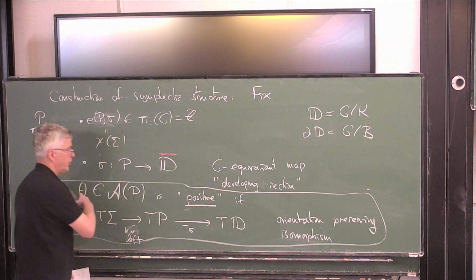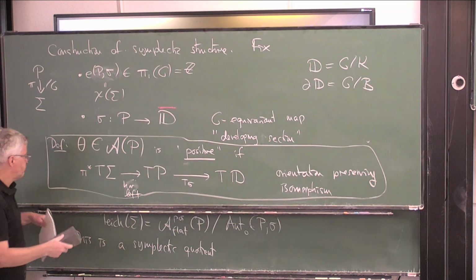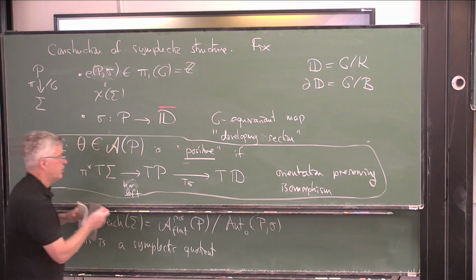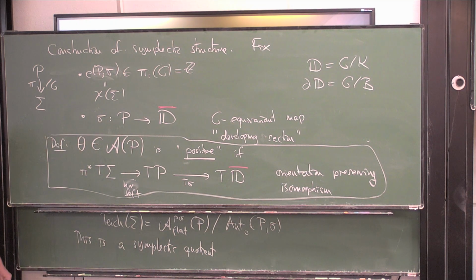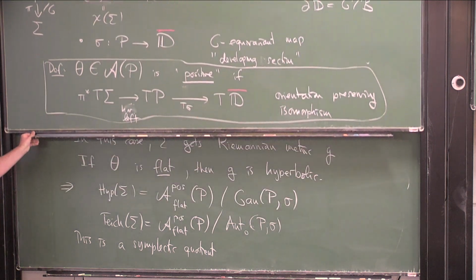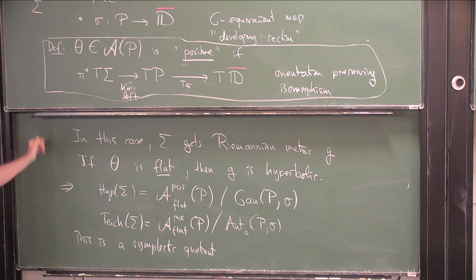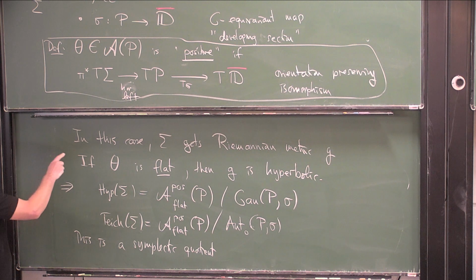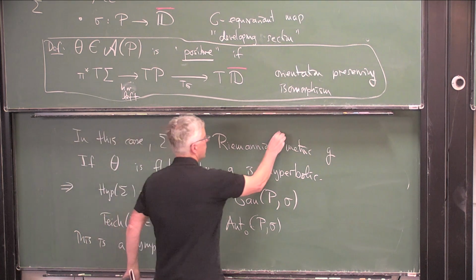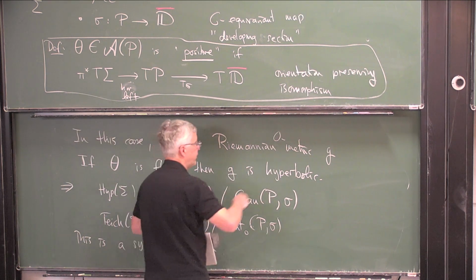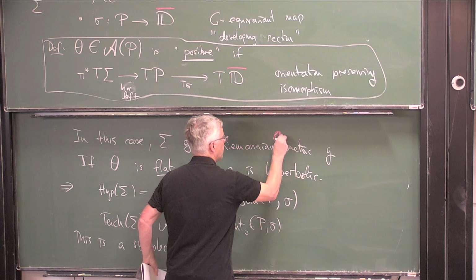Continue. So now we look at our definition of positive connection. We have to use the closed Poincare disk, but other than that, it's the same definition. And how does it continue? In this case, sigma gets a Riemannian zero metric.